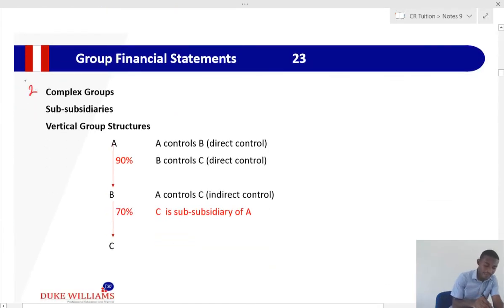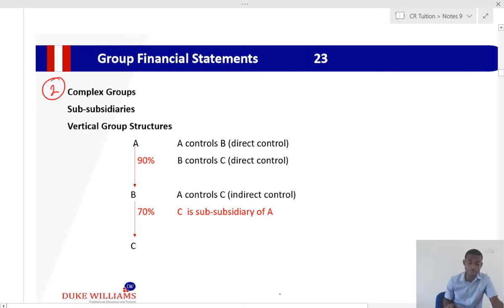The second type of group structure is what we call the complex group structures. Complex group structures are where we have a subsidiary also having a subsidiary. So we say sub-subsidiaries. The first complex group structure is what we call the vertical group structure.